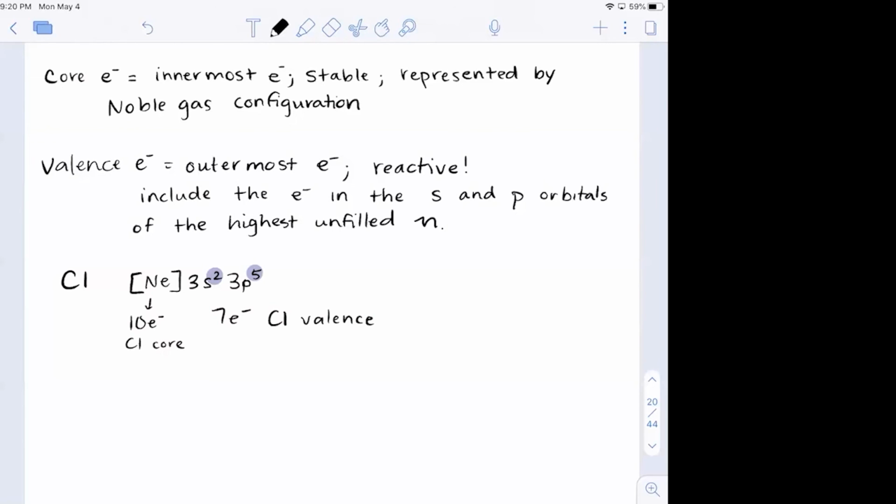Whatever is represented by that noble gas configuration, the Ne, neon, is atomic number 10, so 10 electrons for that neutral element. Those 10 electrons that chlorine also has with the same electron configuration are core, stable, non-reactive, innermost electrons. The outer electrons are what chlorine can actually play with and do reactions with.